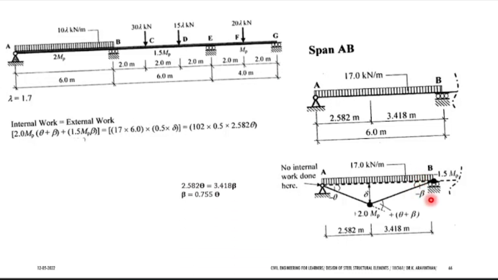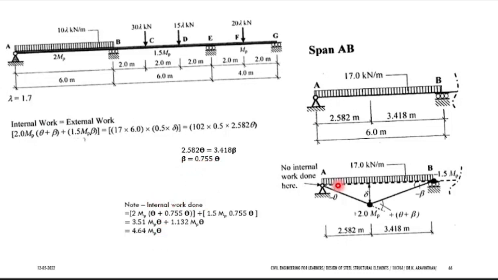How will you find this component? Both the tan values will be equal. You can apply tan theta equal to del divided by 2.582. Another tan value is tan beta equal to del divided by 3.418. So you can equate these two. Cross multiply here, and beta is 0.755 theta.